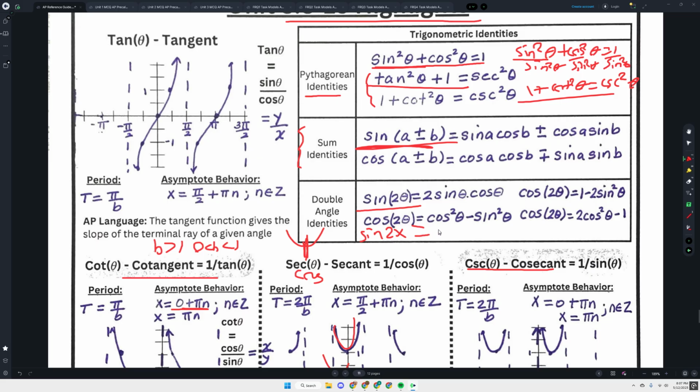Sine 2x is equal to, using the sum formula, sine of x cosine of x plus sine of x cosine of x, which can be simplified to 2 sine of x cosine of x. And that's your sine identity.